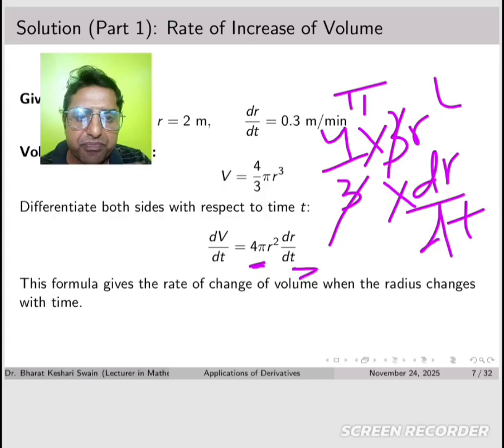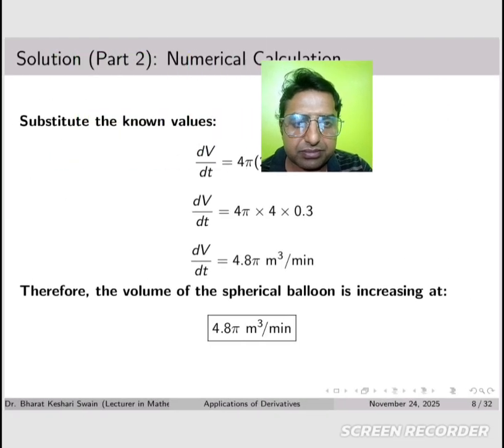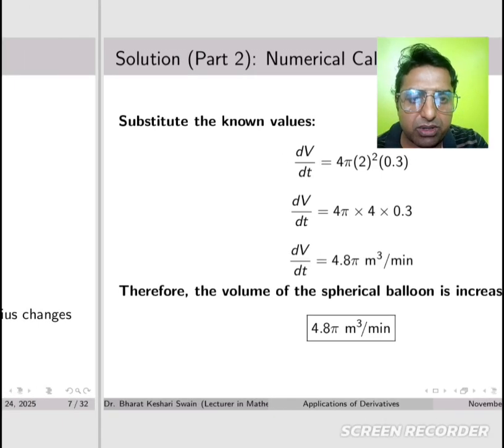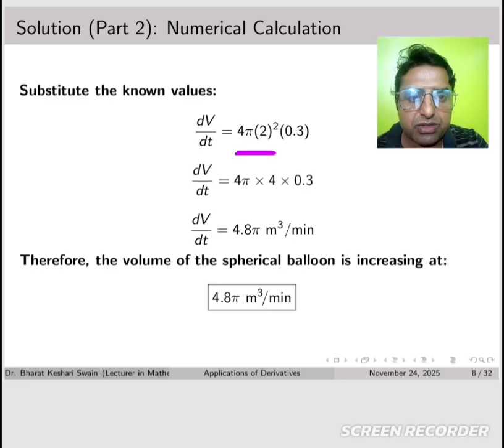Now dr by dt is given, r is given. Just put the values of r and dr by dt. So r is 2 meter and dr by dt is 0.3 meter per minute. So if you put all these values, dv by dt equals 4 pi r square, that means 2 square, into 0.3.